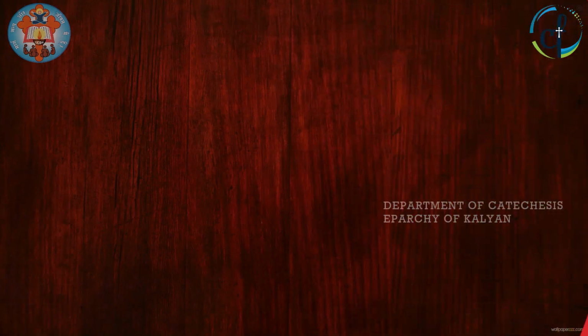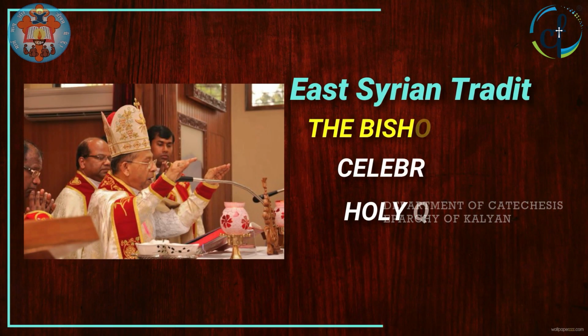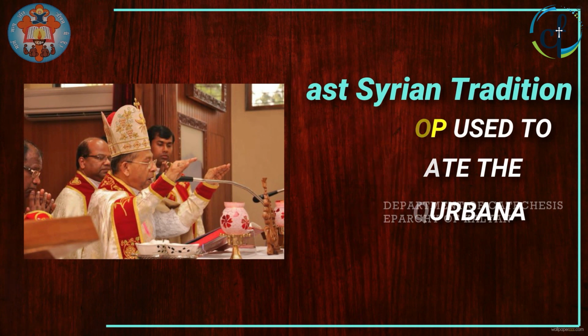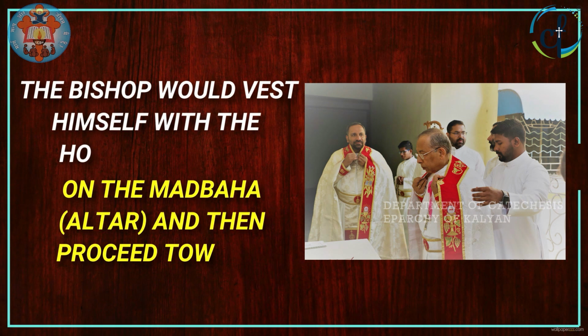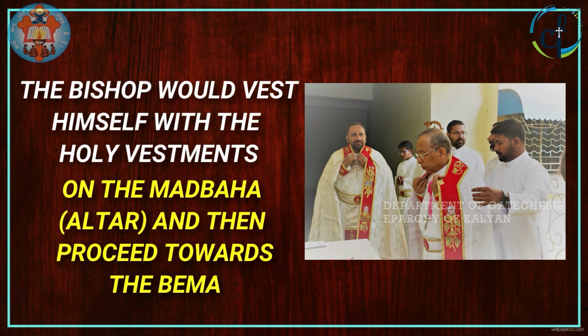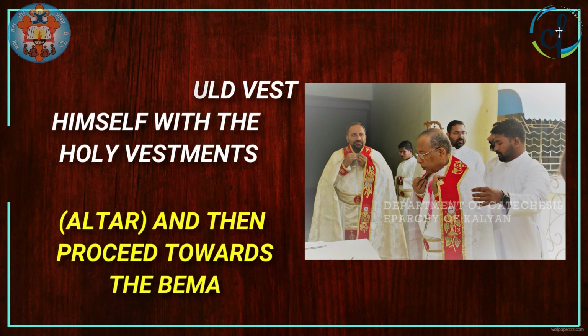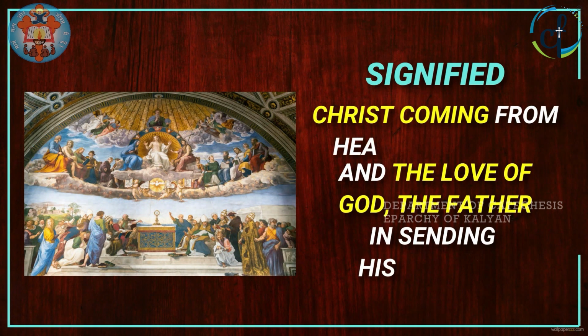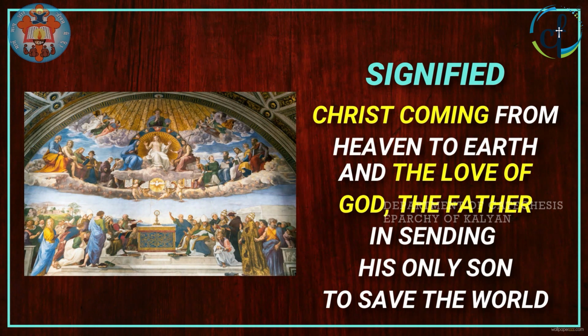In the East Syrian tradition, it was the bishop who used to celebrate the Holy Qurbana. The bishop would vest himself with the holy vestments on the madbaha, altar, and then proceed towards the bema. This signified Christ coming from heaven to earth, and the love of God the Father in sending His only Son to save the world.